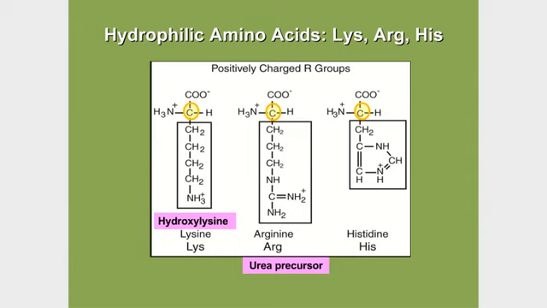Now, there are other reasons why you might see arginine on national board exams. Besides being found in proteins and used to make urea, you might see arginine, for example, as a precursor of nitric oxide, causing vasodilation. But here, you must know it is used to make urea. Histidine.